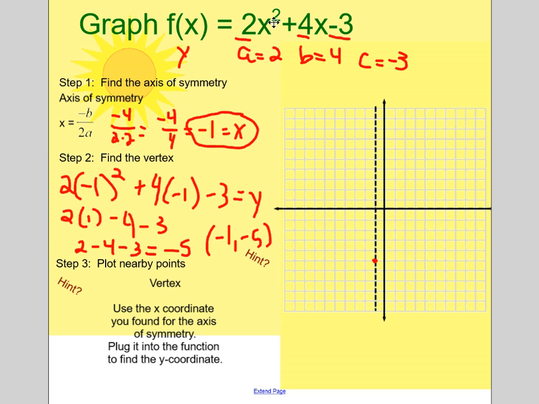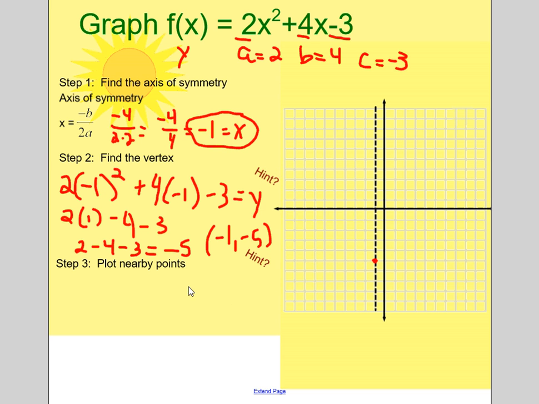In this case, it was 2x squared plus 4x minus 3 to find the y coordinate, which in this case we found was -5. We went on to our coordinate grid and we found our vertex. We graphed our vertex. Our vertex will always be on the axis of symmetry.